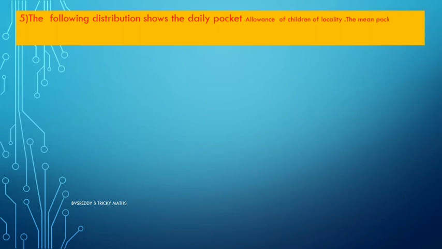The mean pocket allowance is Rs 18. That means the mean value is given here. Find the missing value. So the mean value is given and we have to find the missing value, f or x, whatever it may be. Now see, the frequency table is also given.